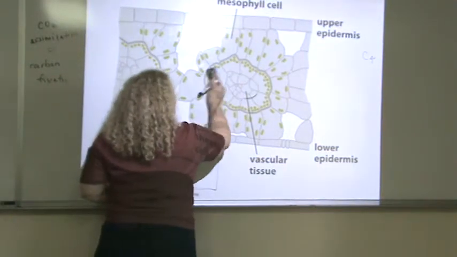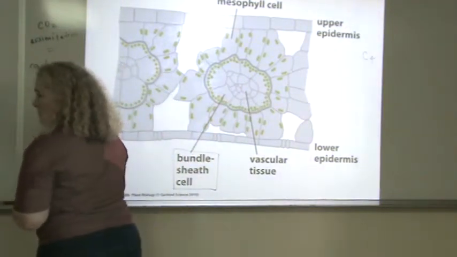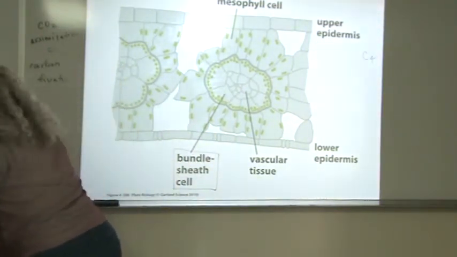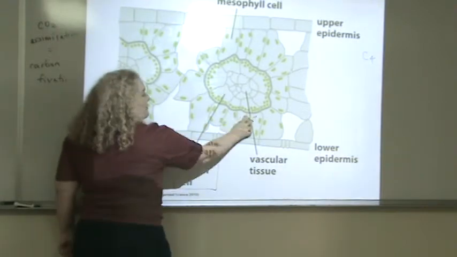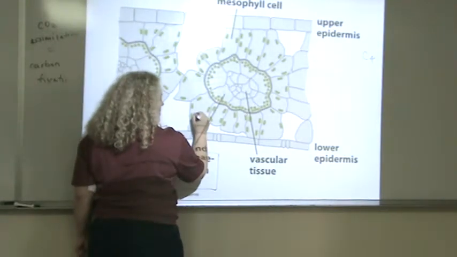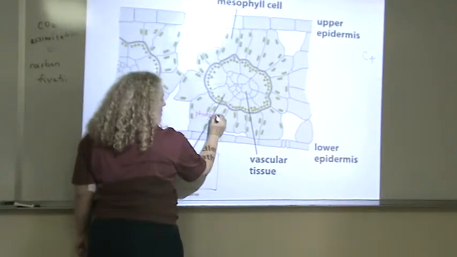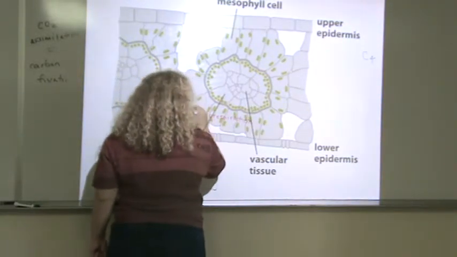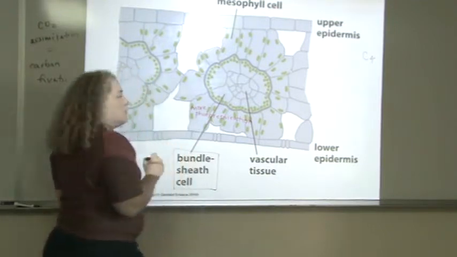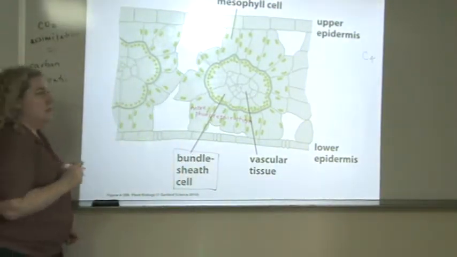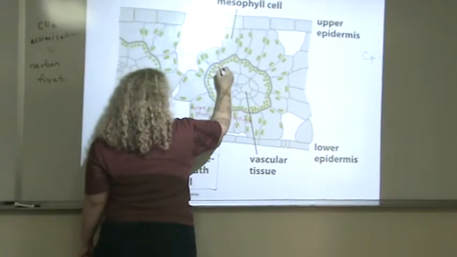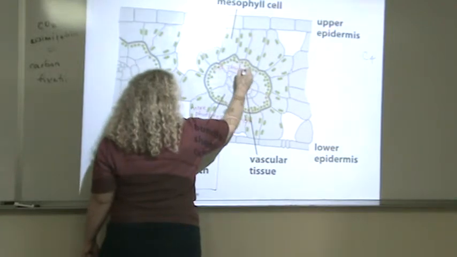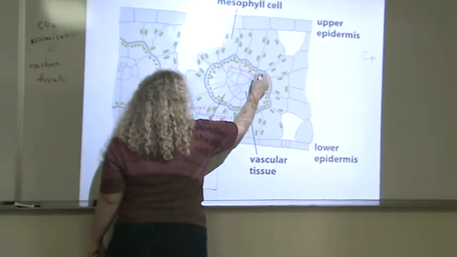So maybe add on to this picture one more thing with the red marker. In the mesophyll cells, those would be doing more photorespiration, but inside the bundle sheath, those cells would be doing less photorespiration.